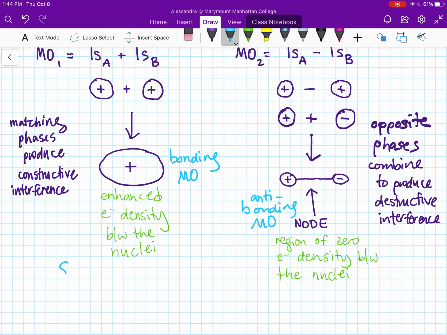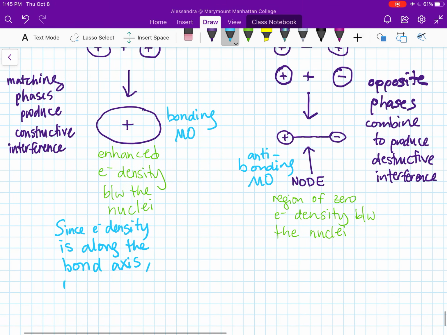So since the electron density here in the bonding MO is along the bonding axis, not above and below it, but along it, we call it a sigma MO. So what we have here is a sigma bonding MO.